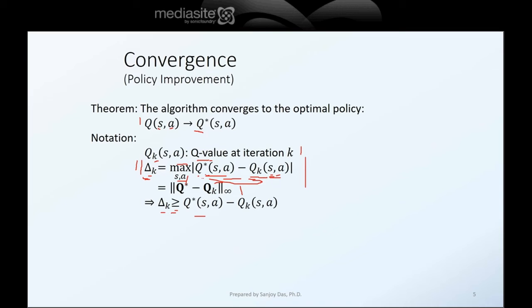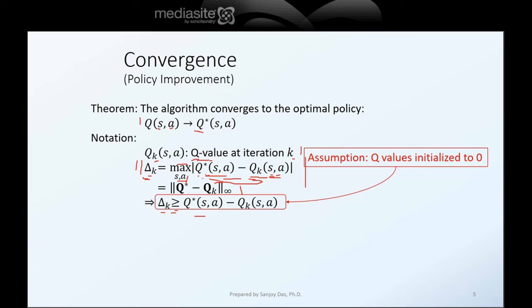Now, if you notice, I had an absolute value here, but now I've opened this up, I've gotten rid of this absolute value, and that's because I assumed that the Q values were initialized to 0, in which case the Q Ks will keep on increasing as K increases with increasing iteration. And so Q star is always going to be the highest of all Q Ks.